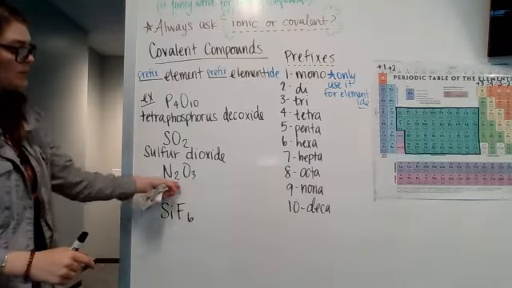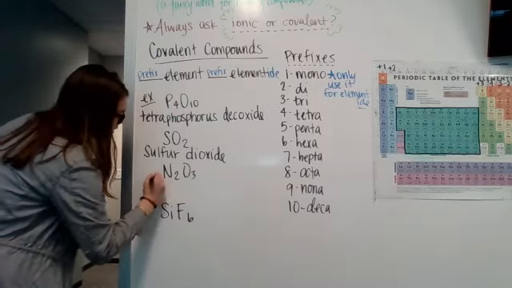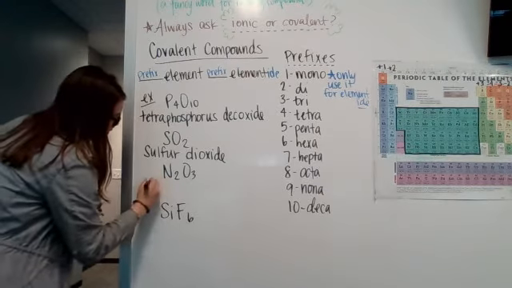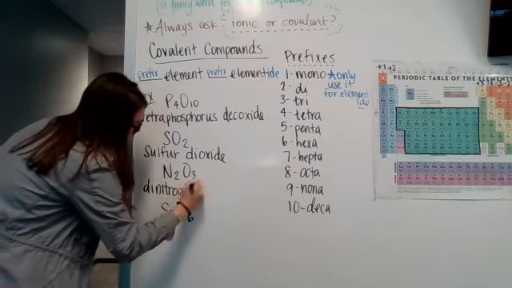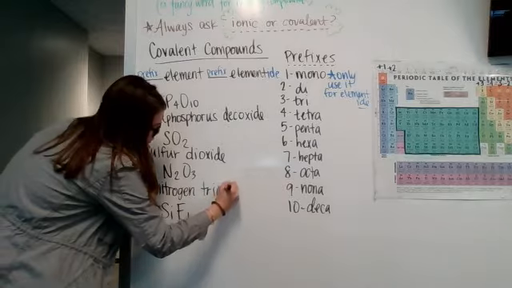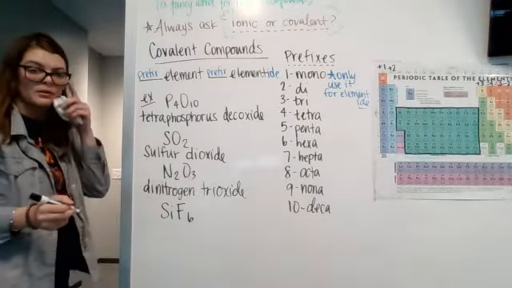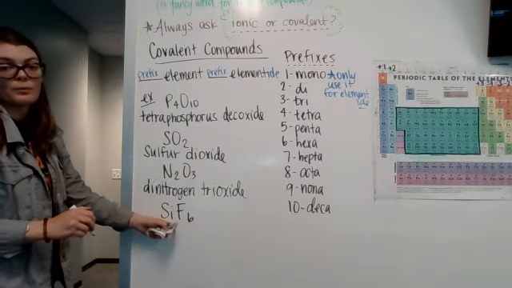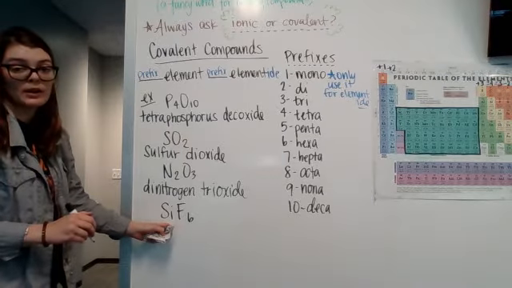This next one, prefix, element, prefix, element with -ide. So this should be dinitrogen trioxide. Dinitrogen trioxide. Then this last one, we have prefix, element, prefix, element with -ide, 1 silicon.